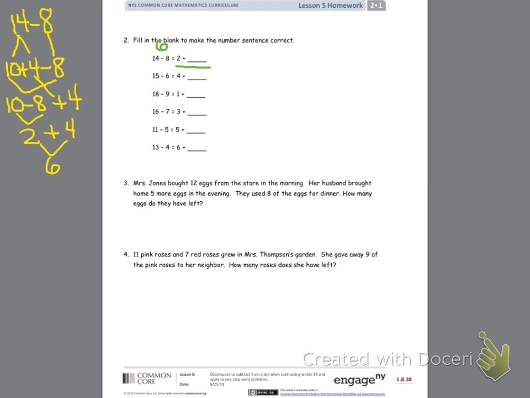If I look over in the math problem where I've decomposed, I can find the answer right here. 14 minus 8 is the same as 2 plus 4.